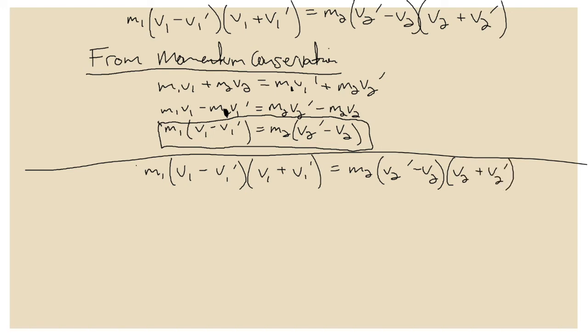And so what we're saying here is that that is equal to that, so they cancel. And what that leaves us with, believe it or not, from that whole big disgusting thing, is v1 plus v1 prime equals v2 plus v2 prime.